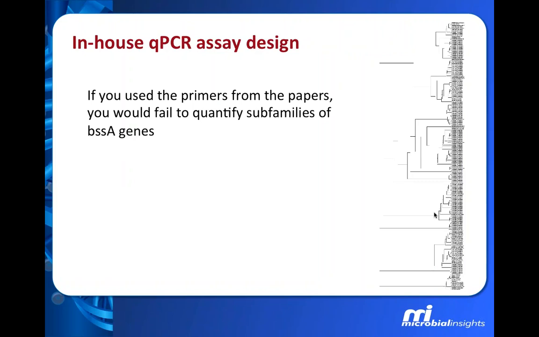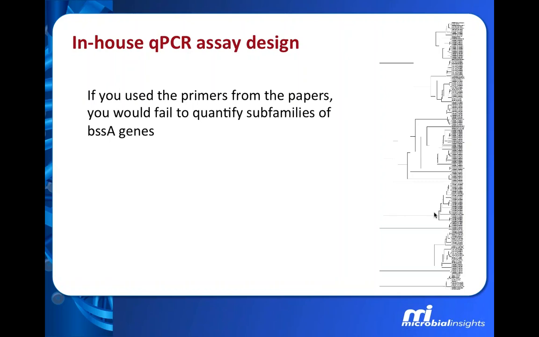So why did I bore you with all the excruciating details of primer and probe design? To make this point: if you'd gone through published qPCR primers, you would have failed to quantify many important subfamilies of BSSA genes. And if you weren't doing your in-house design, you would never know what your primers and probes can and cannot do.